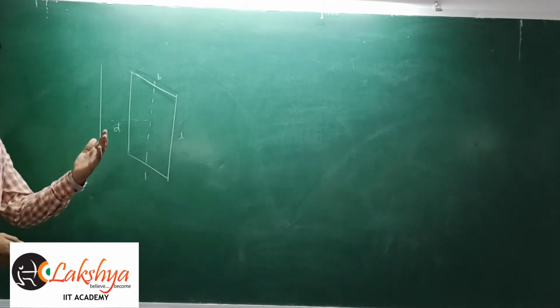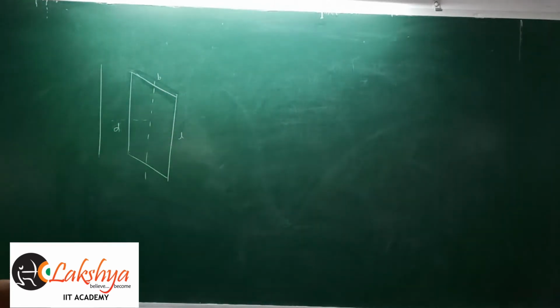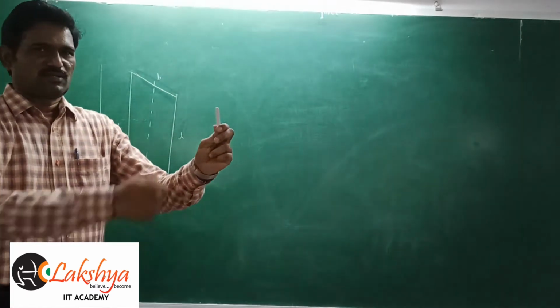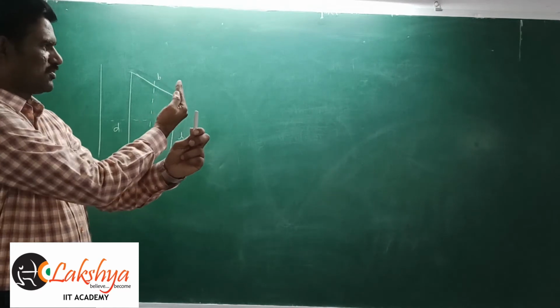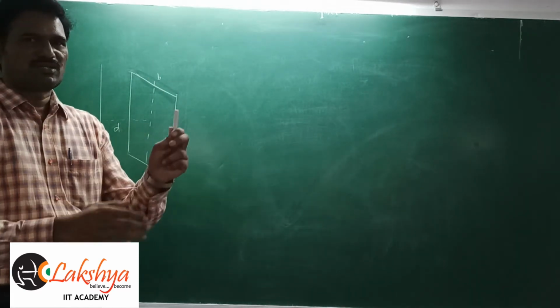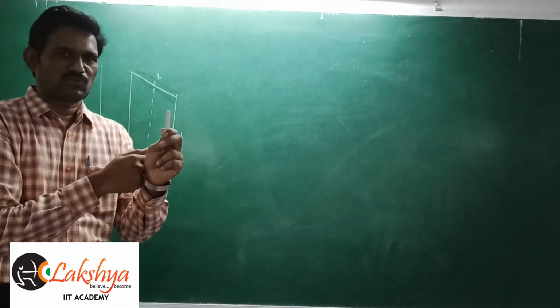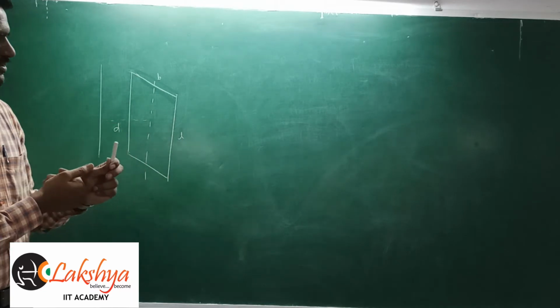Suppose you are taking this board as a rectangle, now this line of charge is placed here, symmetrical about that, at a perpendicular distance of d from this. Now the line of charge is placed like this. Now from this line of charge, how much flux is passing through that? So that we need to calculate here, right?